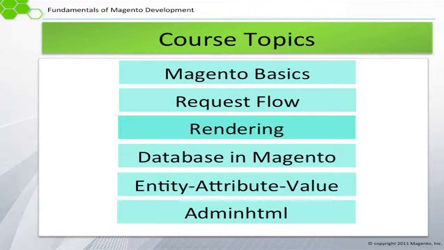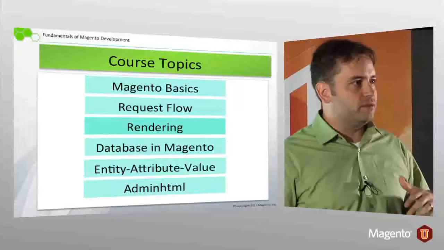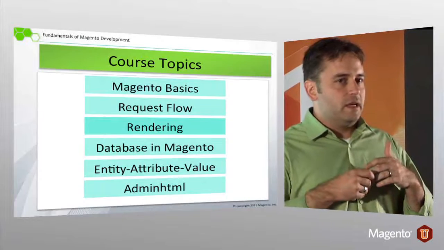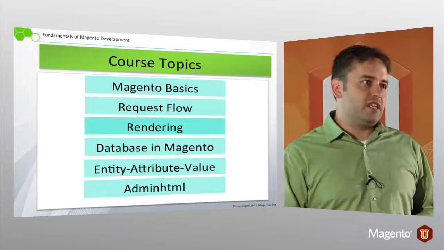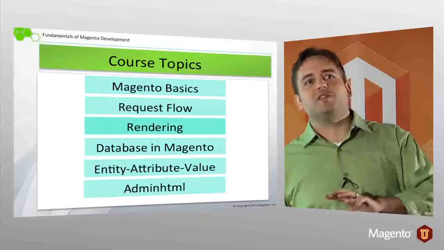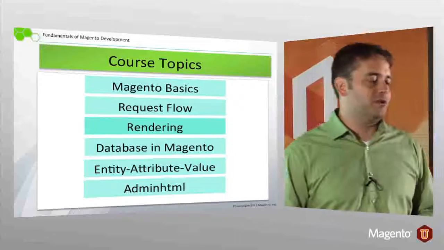All right, so we've broken this whole week out into different sections. Today we're going to be doing Magento Basics, and for some of you it'll be a review, because we'll be reviewing some information on object-oriented programming and MVC principles, and how Magento has its own take on those, in case you haven't had any experience with the code yet.